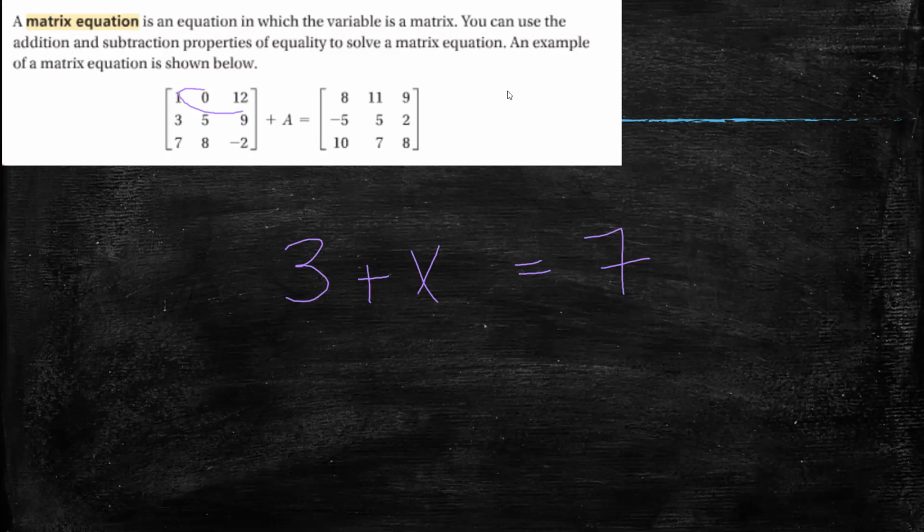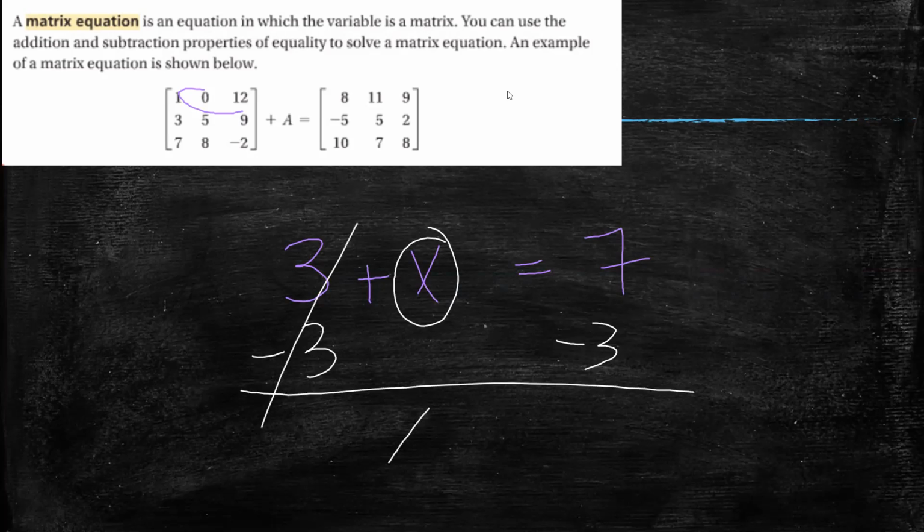You say this is the variable x. This variable x is added to 3. So since this variable is added to 3, I subtract the 3 from both sides. After that, I will solve it and I will find that x is 4.